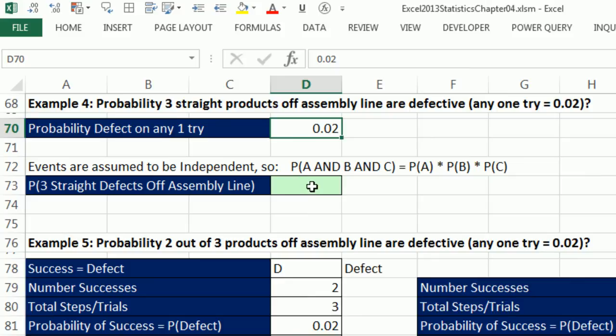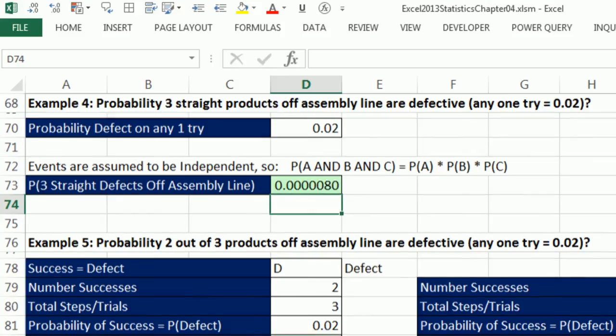When we get to multiplying, for our probability of 3 straight defects off an assembly line, we simply multiply 1, 2, 3. Enter. Wow, that's an unbelievably small probability. So if we actually did see 1, 2, 3 rolling off the assembly line, we know there's trouble. That probability is just too small.